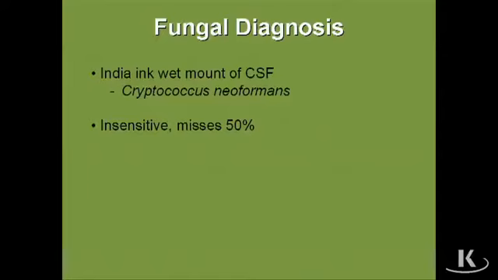India ink is something that's done that is similar to when, let's say we talked about capsular diagnosis before. We talked about a quellung reaction, which wasn't really used anymore. Well, India ink can detect encapsulated organisms, and the one that we typically refer to is Cryptococcus neoformans.